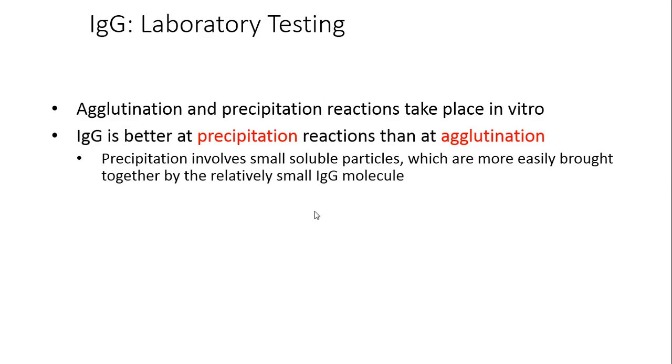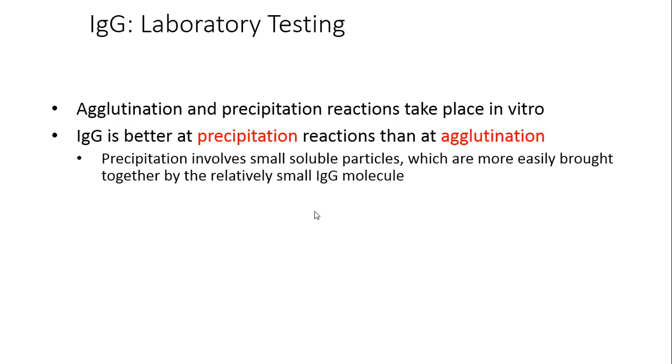Agglutination, on the other hand, the second kind of laboratory testing that we use in this first step, is clumping. I think you all looked at blood typing. Blood typing is an agglutination reaction where the red blood cells clump together when antibodies and antigens bind together. These are in vitro reactions. They don't happen in the host.